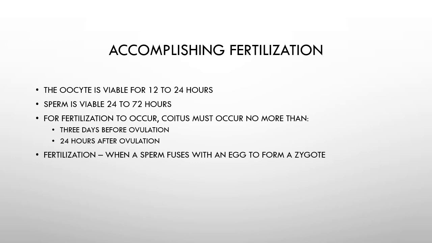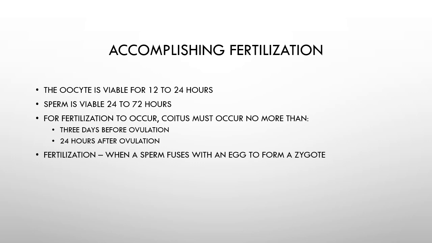For fertilization to occur, we saw that ovulation occurs at day 14 of the female cycle. At that day 14, the oocyte is ovulated. It's going to start its journey down the uterine tubes, awaiting fertilization by sperm. Here we have kind of a time game, in a sense, where timing needs to be just right for fertilization to occur.